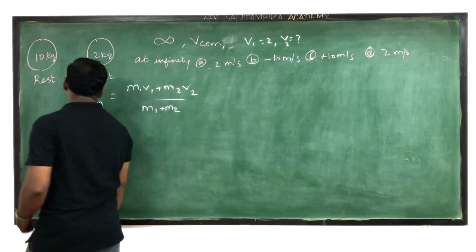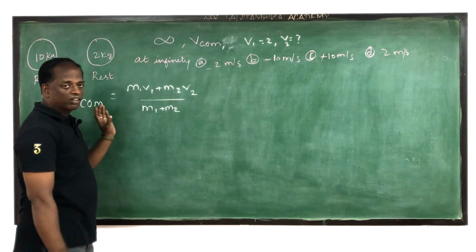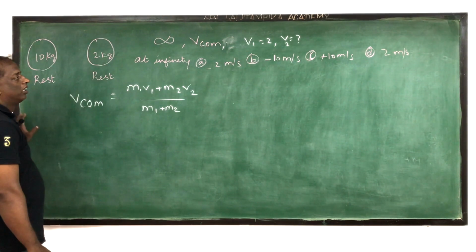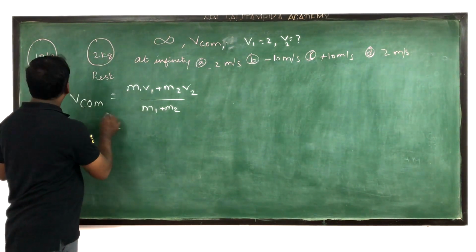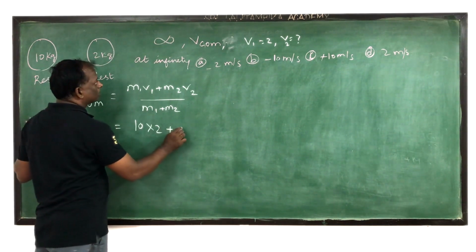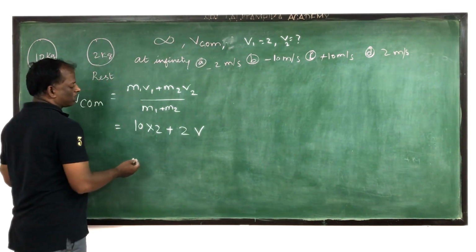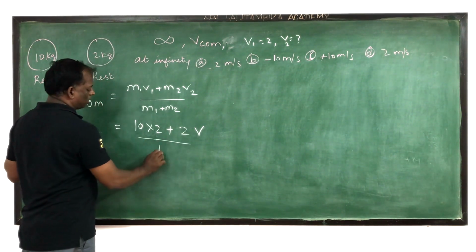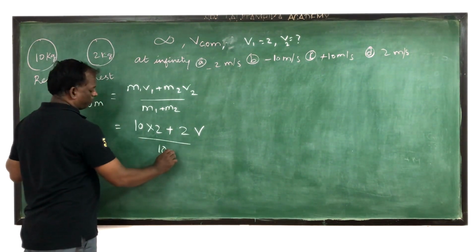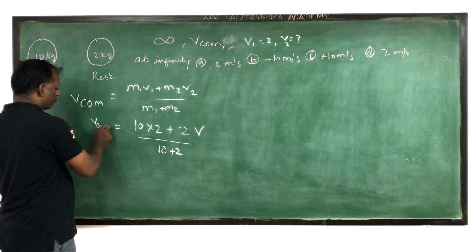So இதுதான் velocity of the center of mass ஓட formula m1 v1 plus m2 v2. இது general center of mass ஓட formula. இப்போ நமக்கு what is the mass? Mass is 10 kg into 2 plus 2 kg into v. So we can take it as v plus 10 plus 2. So this is what v com.